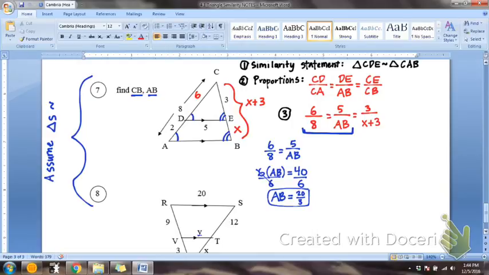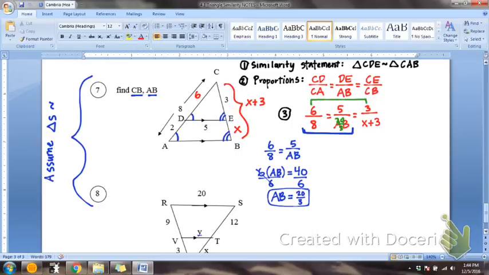All right. Now, the question is, how are we going to get x? Well, what's the fraction we're confident in? What fraction do we know for sure? 20 over 3. Okay, but what happens if this is 20 over 3, but you did this one wrong? Then we maybe wouldn't know that for sure. But we do know 6 over 8, that was given to us, and 3 over x plus 3, right?